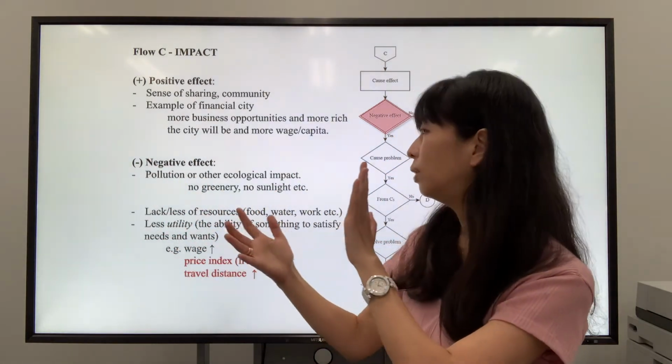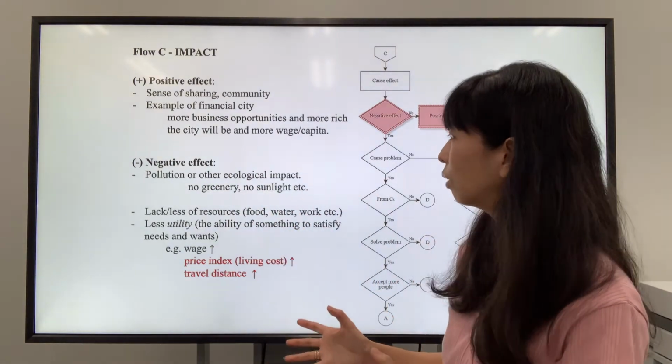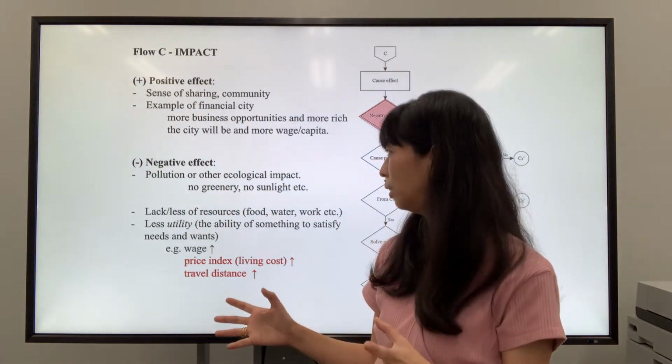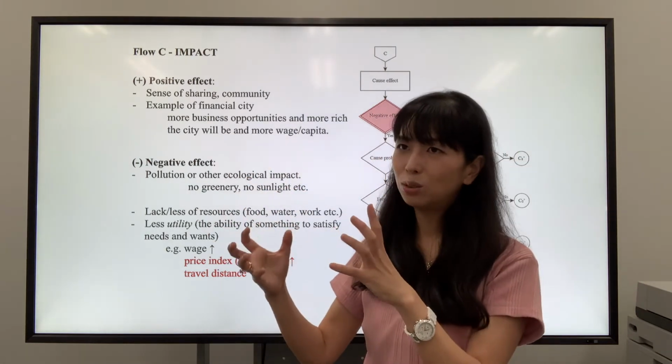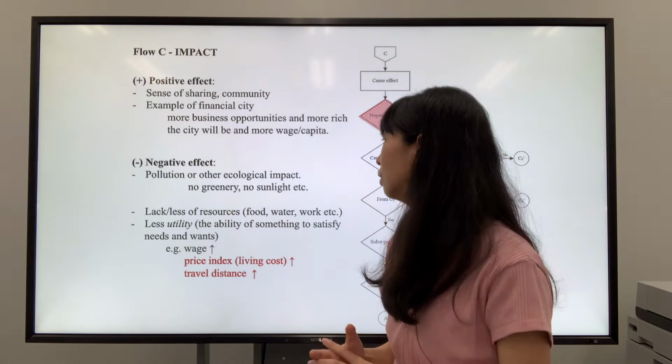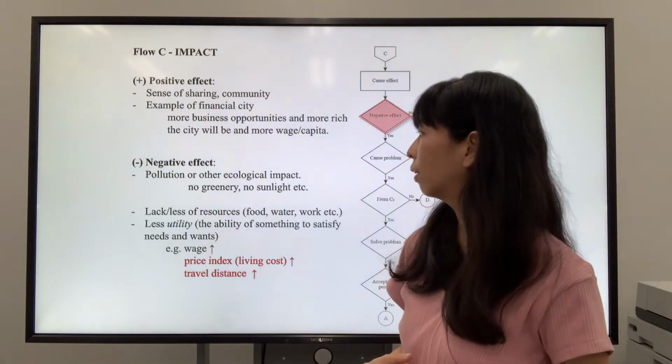So because of this, of course, you don't have any view, and therefore you also don't have any greenery. You don't see the environment, and it also relates to the fact that there is no sunlight. So all of this is also causing a lot of problems in terms of health.